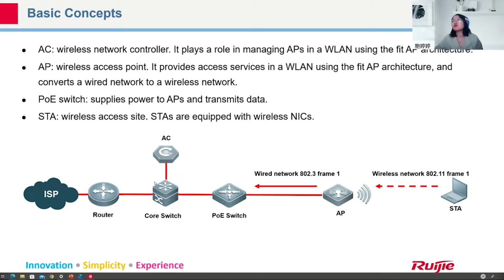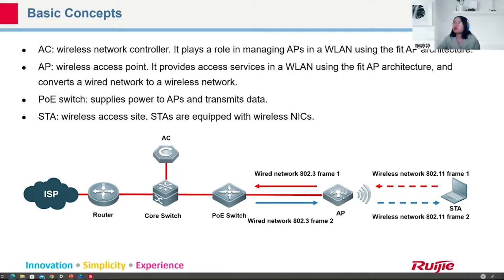The PoE switch will continue to forward it according to the principle we discussed last week. And when the PoE switch receives a message from the wired network, the AP will also convert the 802.3 frame to 802.11 and send it to the station again. So this is the main function of the AP.